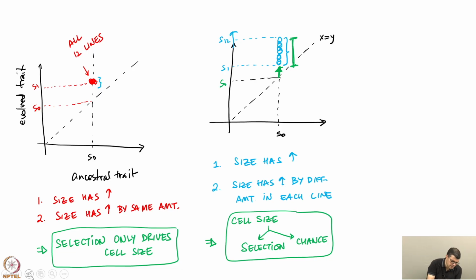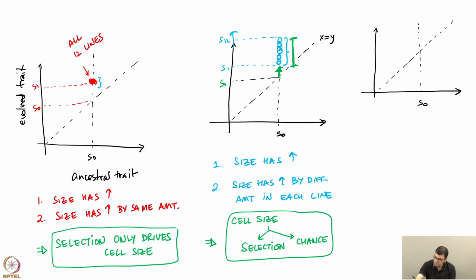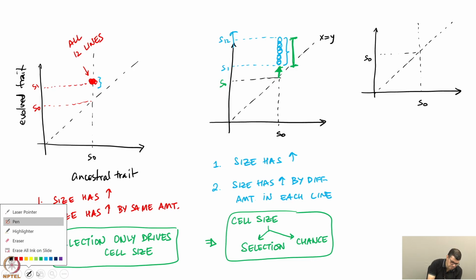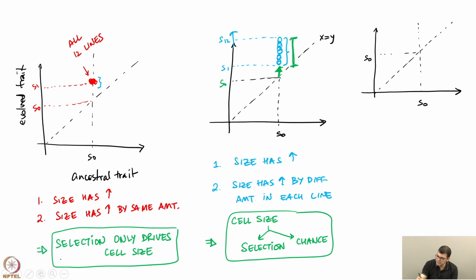Let us discuss the third case before we close this. What do you think is happening here? This is S0, this is also S0, and let us say now in this case the response of the population is like this.